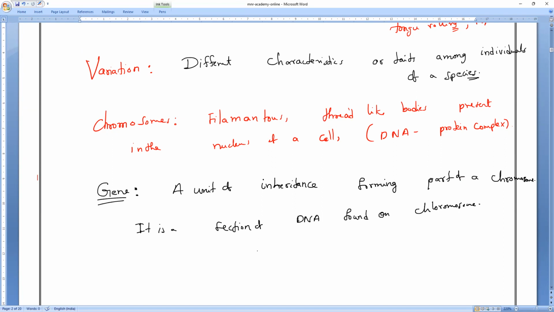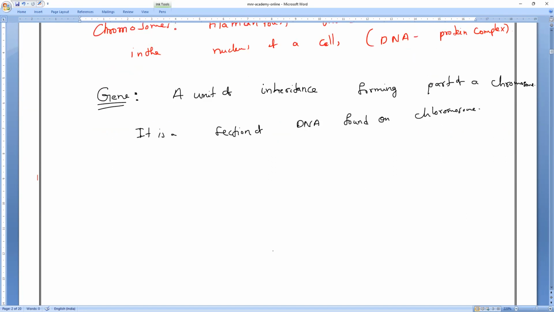Everybody clear? So basically, the genes are passed from the parents to the offspring via chromosomes only, which are present in the nuclei of the parental gametes. If you take male sex cells and female sex cells, like in sexual reproduction, inside the sex cells there will be a nucleus.